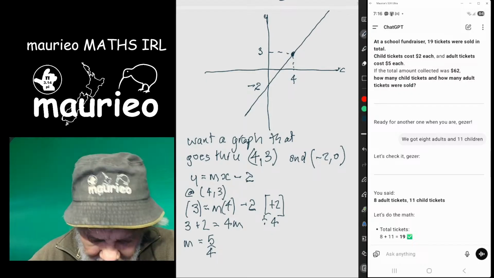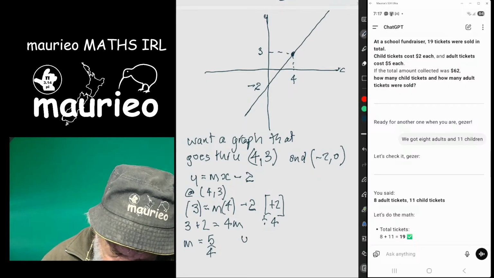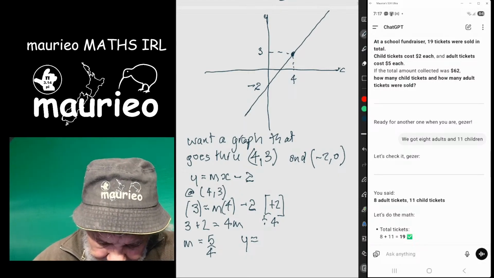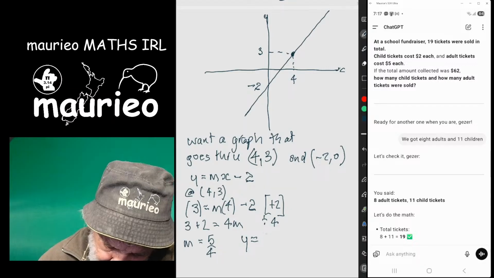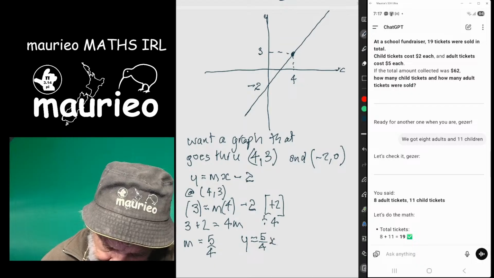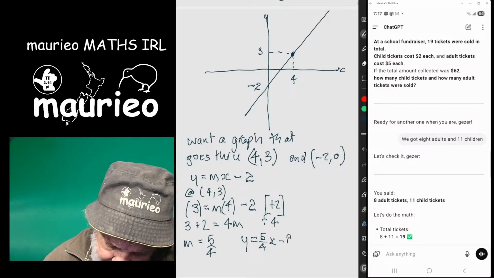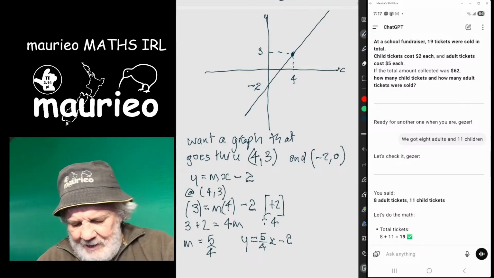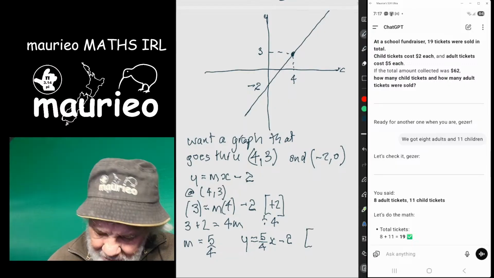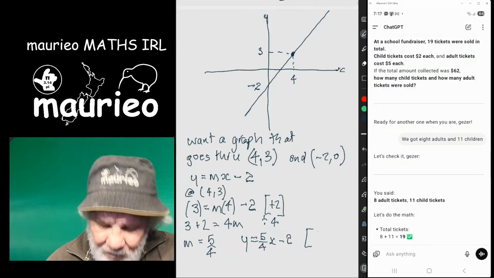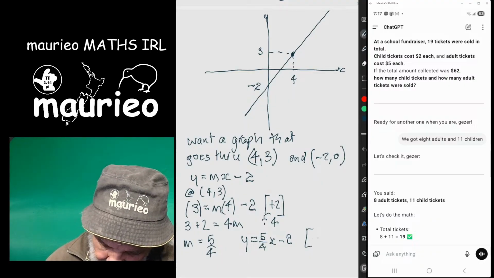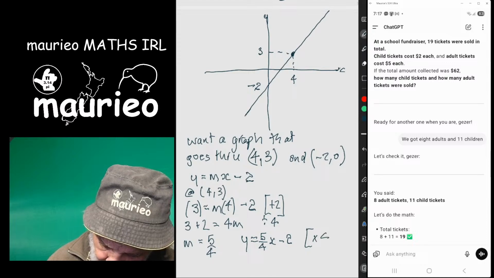Okay, so the equation of our graph is y equals 5 over 4x minus 2. And if we multiply that out to put it in the format of the equations, we can go times 4.